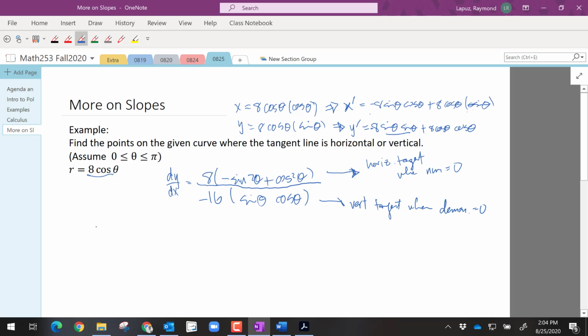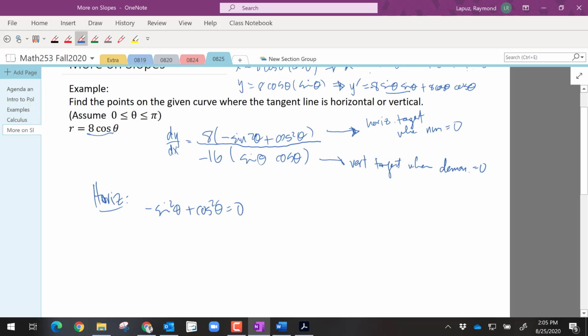So let's look at the horizontal tangents first. And we're going to set the numerator equal to 0. So minus sine squared theta plus cosine squared theta is equal to 0.